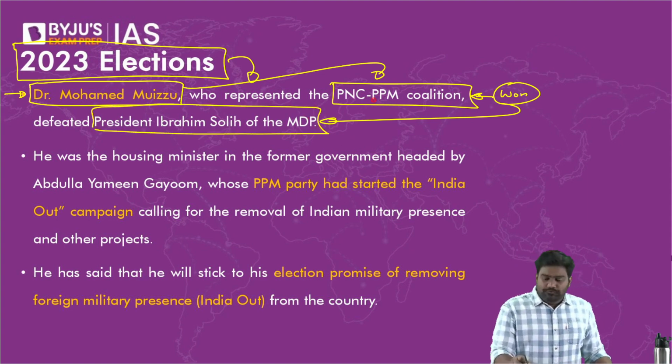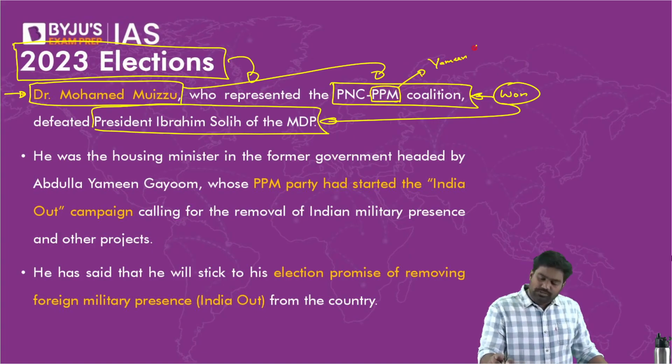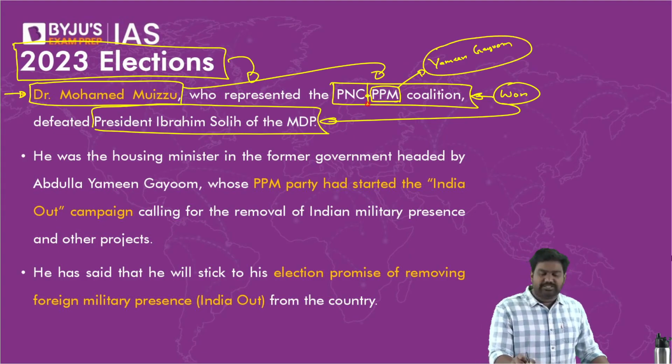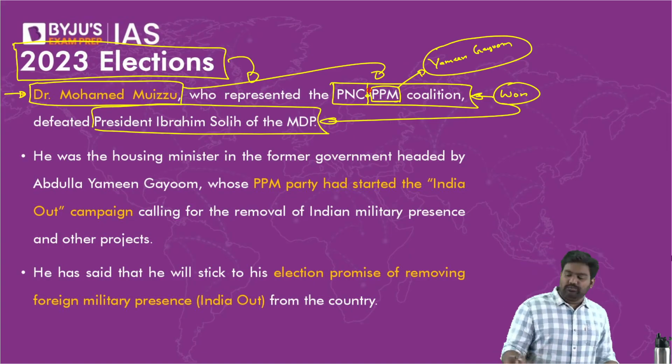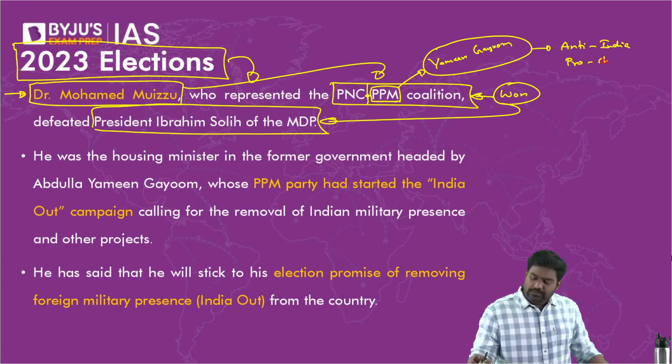Now PPM, don't forget, the Progressive Party of Maldives, is the party of Yameen Abdul Gayoom, the anti-India leader. So he had formed a coalition with the People's National Congress. This coalition government is openly anti-India and openly pro-China. This government has come to power again.